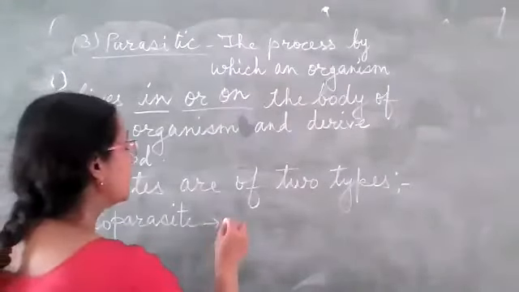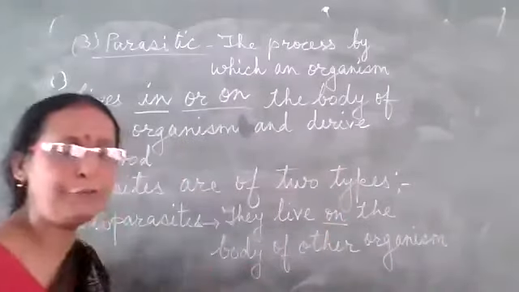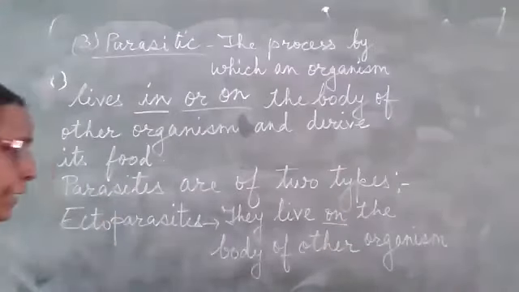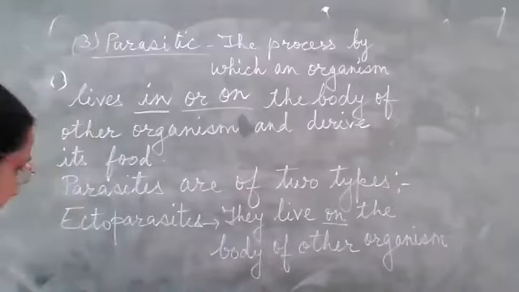They live on the body of other organism. Ecto means outside. So they live on the body of other organism.